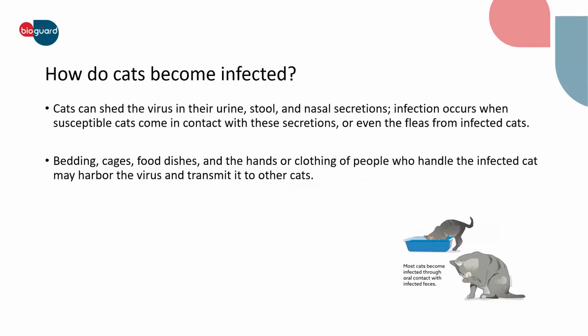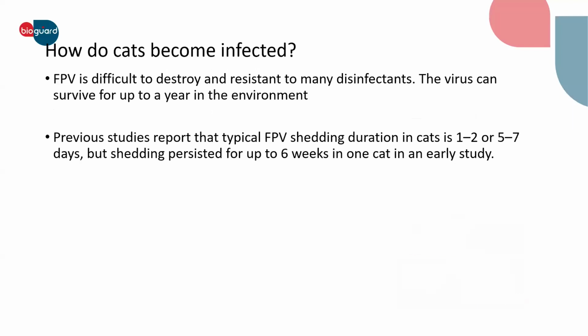The infection can occur when a susceptible cat comes in contact with this secretion or feces, or even the fleas from the infected cat can cause the infection. So it can be direct or indirect. Even the bedding, cages, food dishes, and the hands or clothing of people who handle the infected cats may also carry the virus and transmit it to other cats. So it's very easy for the transmission.